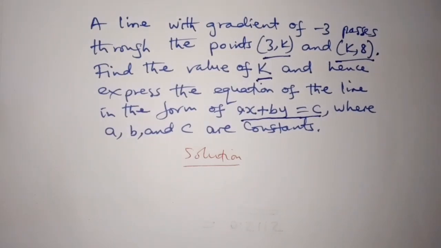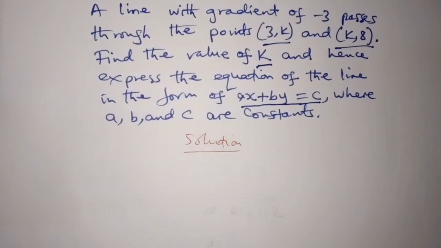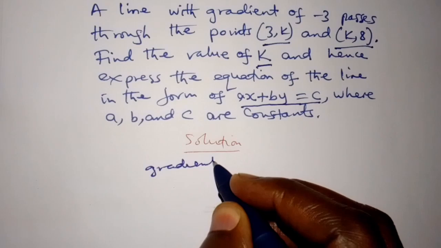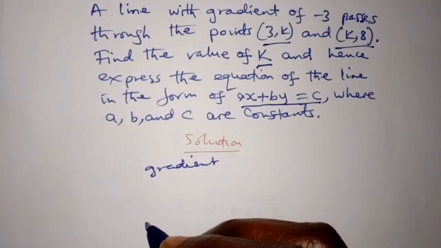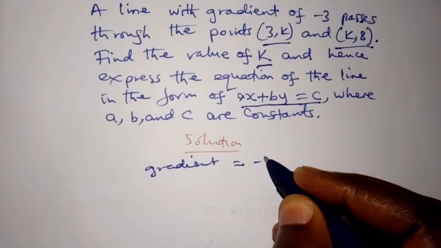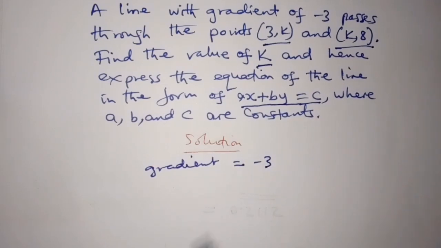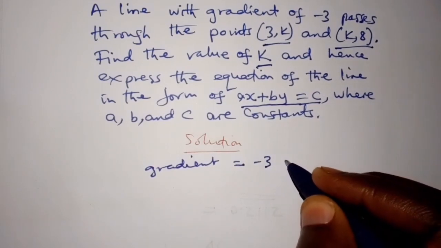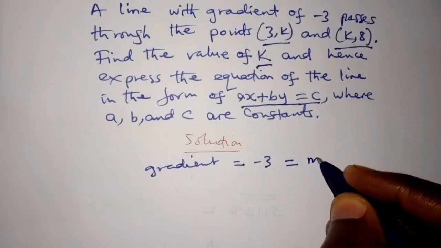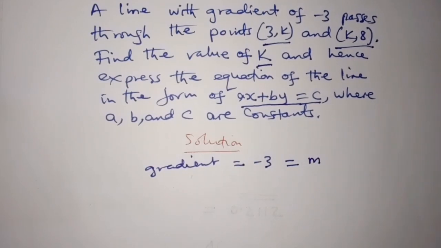So now we are given the gradient to be -3, and gradient is always represented by m in the equation of a straight line.